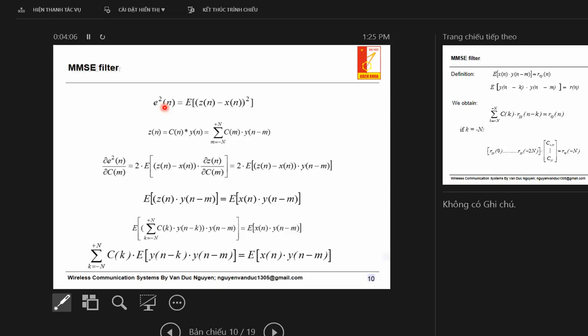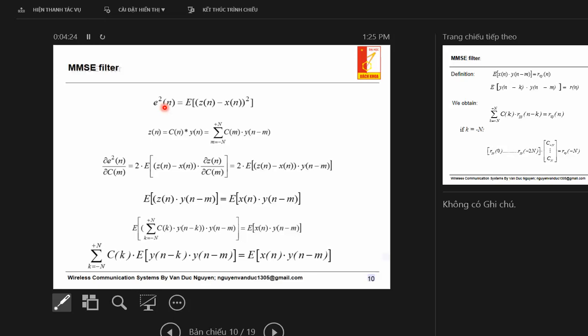We do the expectation here, and the purpose of the filter is to minimize this error. Here is the cost function.